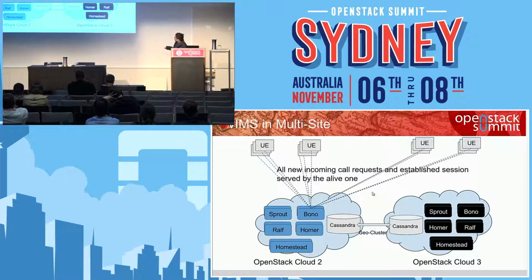When one site is crashed, or components in one cloud stopped working, then all the requests and the established sessions will be served by the healthy one. So this application can achieve site-level redundancy.